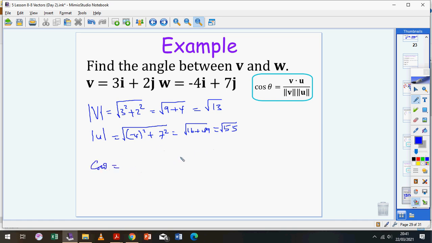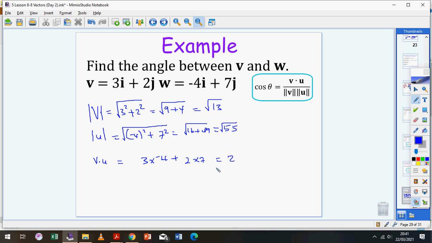So cosine of theta is equal to the dot product. I can find the dot product by multiplying the i components. Let me first find the dot product. So the dot product of V dot U will equal the i components multiplied, so 3 times negative 4, plus the j components multiplied, which is 2 times 7, and this gives me positive 2.